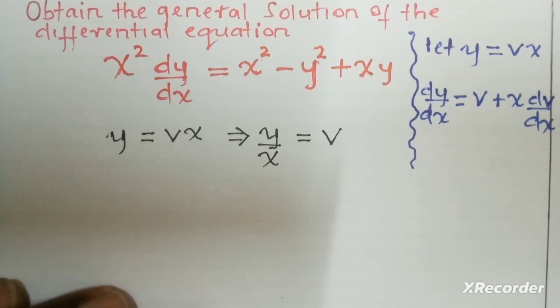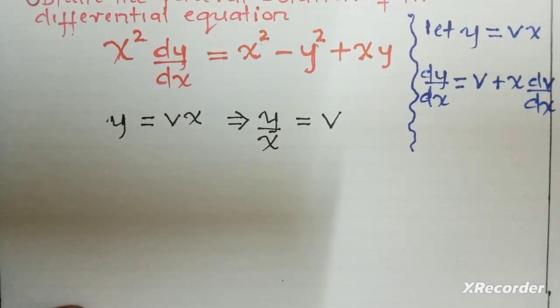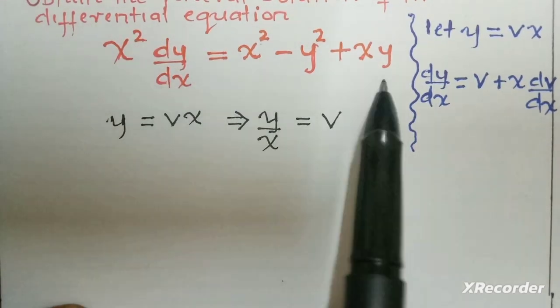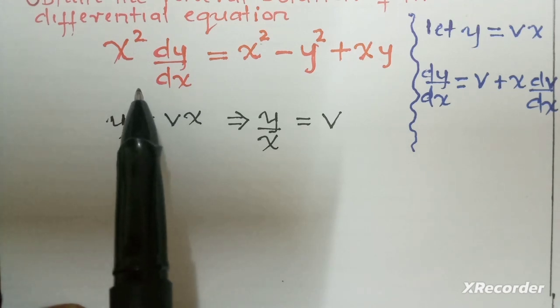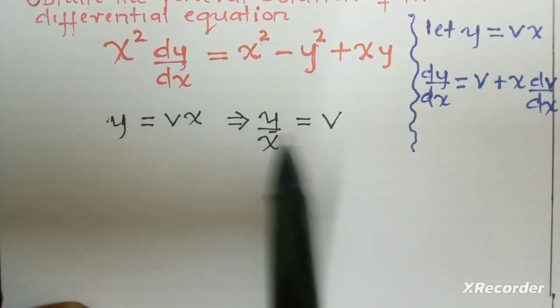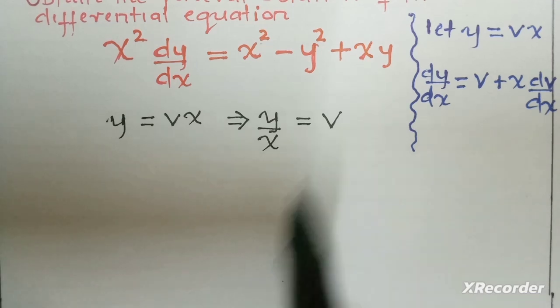So the first thing guys we do is we divide the whole of this equation with x squared, so that whatever remains we shall replace it with v.